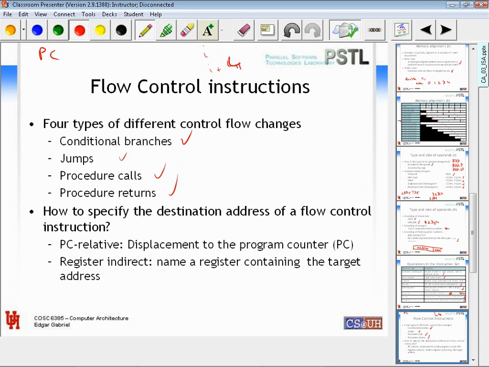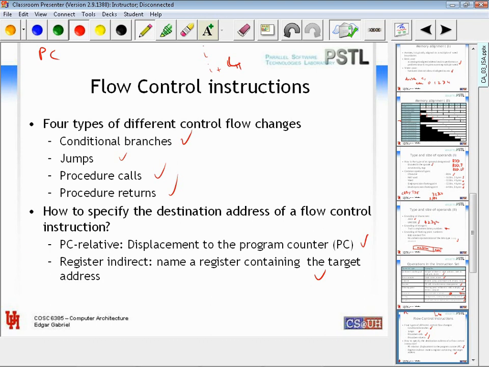There are two alternatives. You can either specify an offset value which you add to your current program counter. That's called PC relative mode. Or you can use register indirect addressing. Basically, your conditional branch or your jump will contain the name of a register, and this register will contain the target address where to continue the execution.